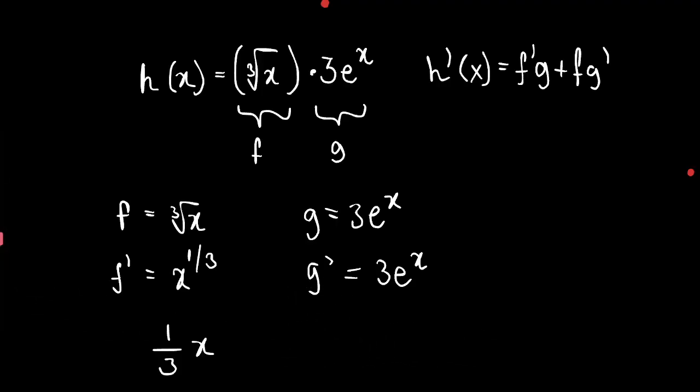So the answer here is going to be this guy over here. So if we erase this and put in our derivative as 1/3, we can again write this a bit more neatly as just 1/3 times the cube root of x squared.